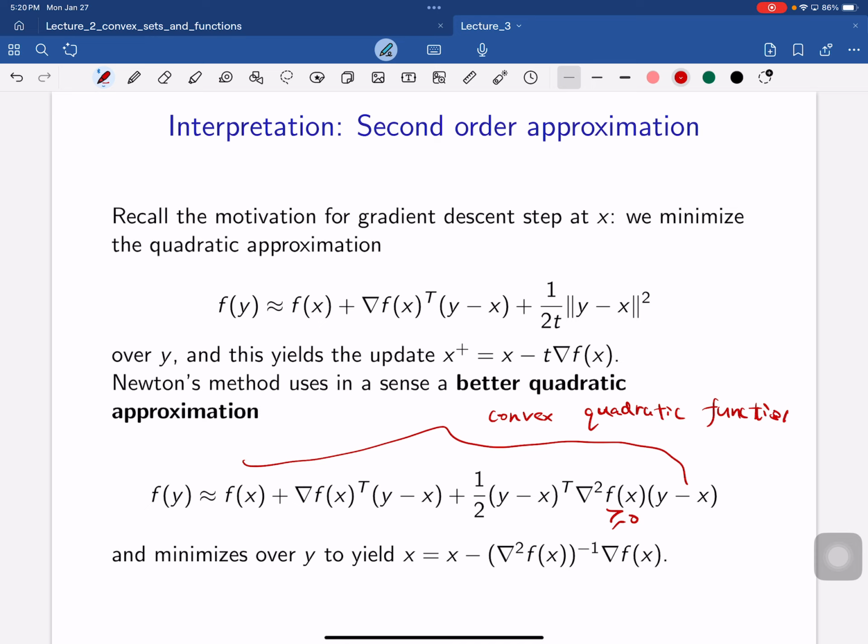Now, if you want to find the minimum of this convex quadratic function, you can take the derivative with respect to y and set it to 0. Then we find the minimum is achieved at exactly Newton's formula: the inverse of the Hessian times the gradient. So that's one interpretation of Newton's method.